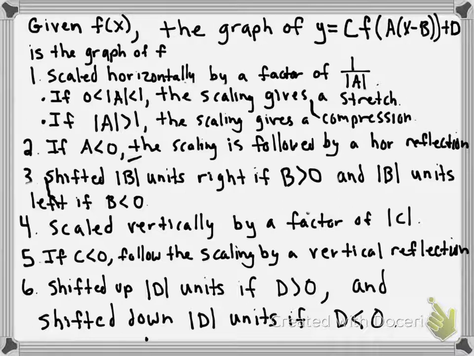This time, that just means that we have to multiply all of the previous y coordinates by the absolute value of c. However, if c also happens to be less than 0 or negative, we are going to follow the scaling by a vertical reflection. Okay, so this time c is positive, so we only have to worry about a vertical scaling by a factor of absolute value of c.